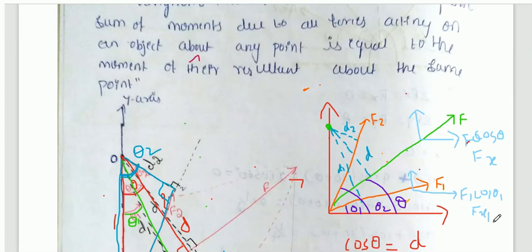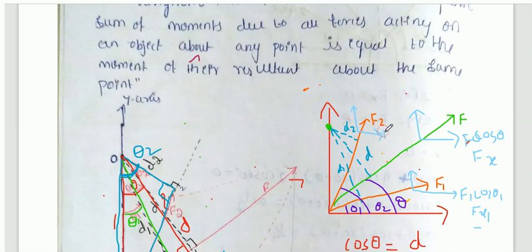If there is a network issue, those who are not hearing, I will post the videos later, you can go through that. So F1 cos theta 1, we can write it as Fx1, correct? Similarly, what is the horizontal component of F2?